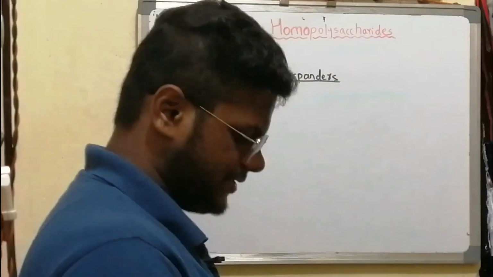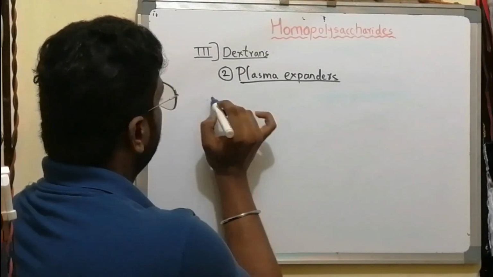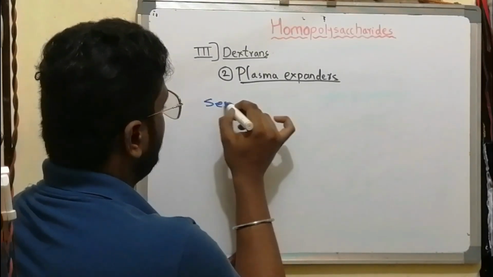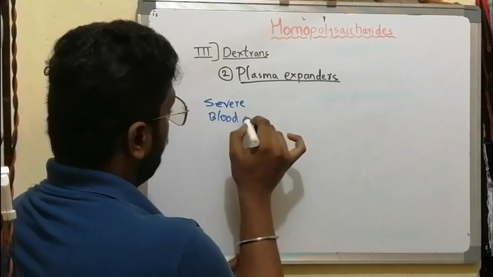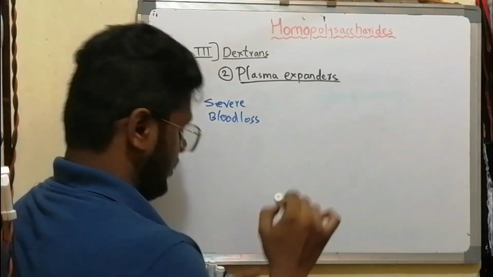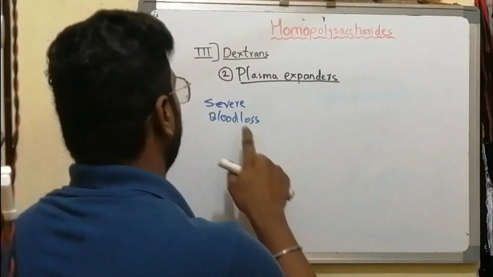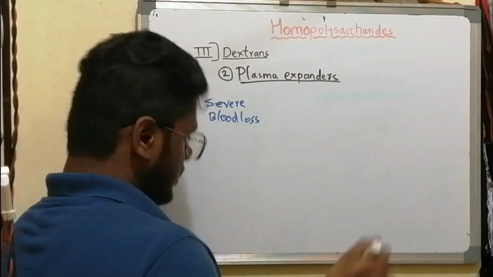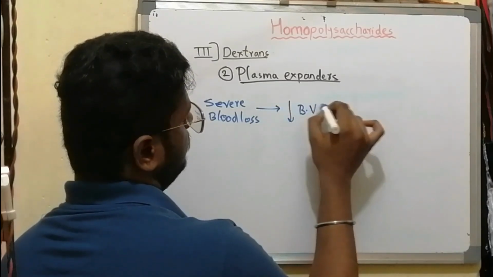See, whenever there is a patient who is having a severe blood loss, maybe it is an accident case, and the patient has lost around 1 to 1.5 liters of blood. So in that case of severe blood loss, there will be decline in blood volume.